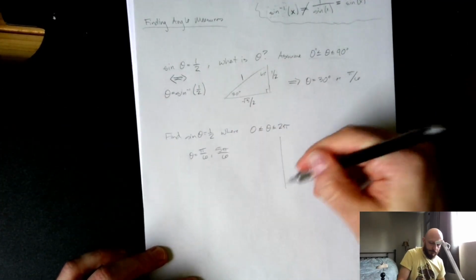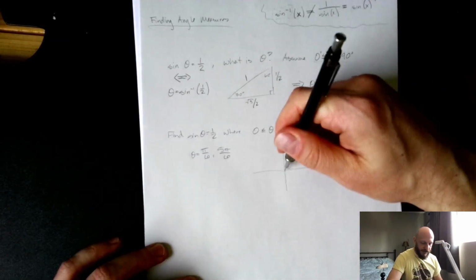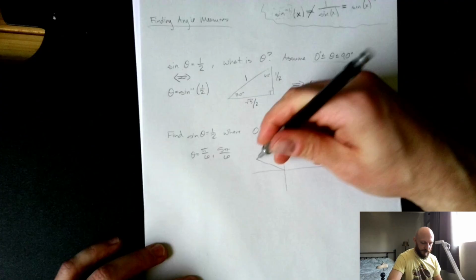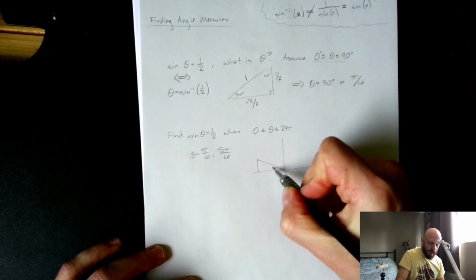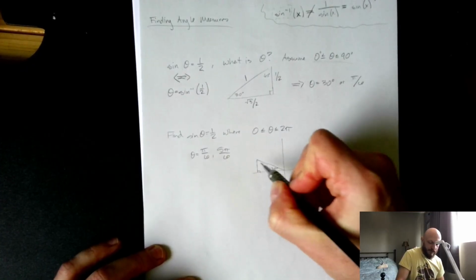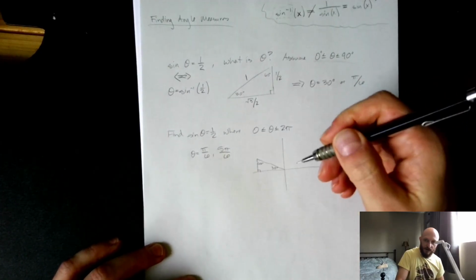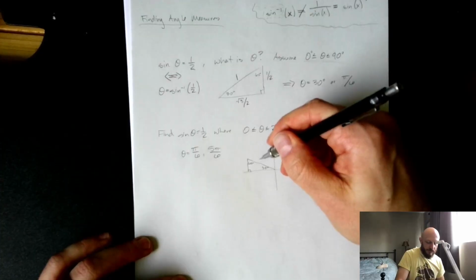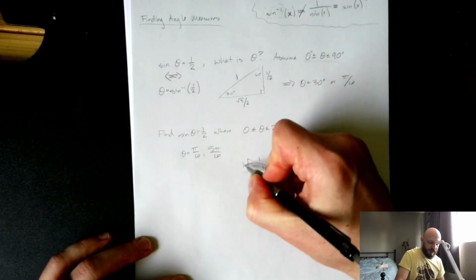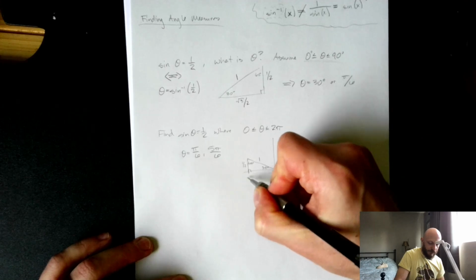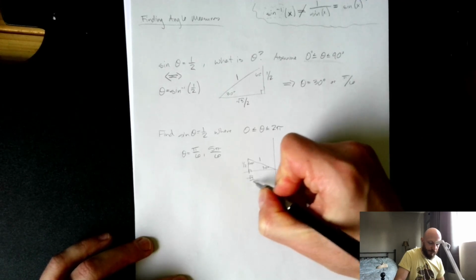Why? Imagine, we actually looked at this already. Here's my triangle. Assume that this is 30 degrees, this is 60 degrees. We already know from our 30, 60, 90 triangle that if the hypotenuse is 1, this side length is 1/2, and over here this would be negative √3/2.